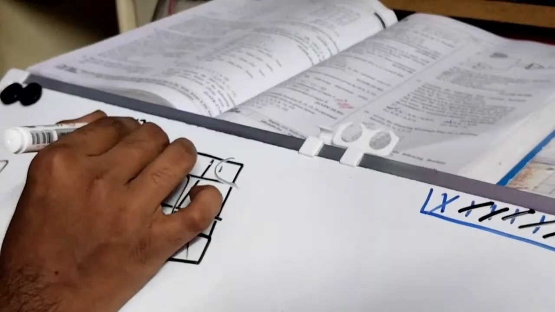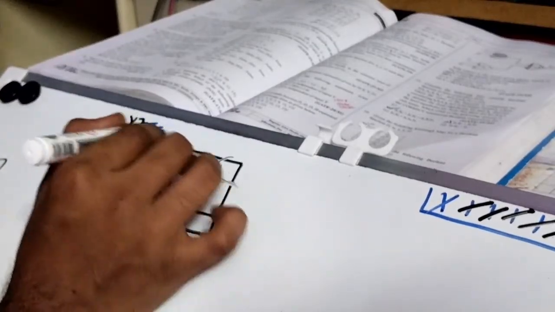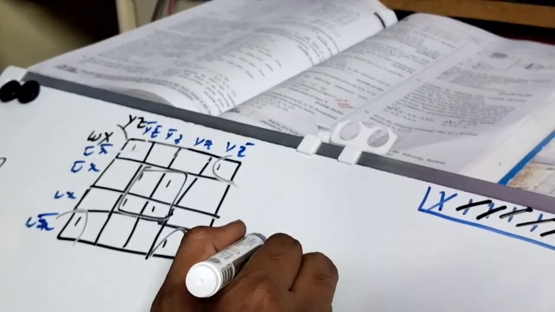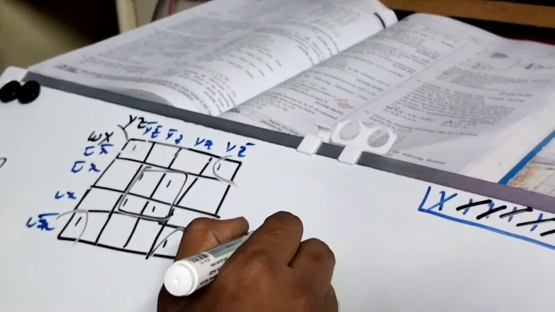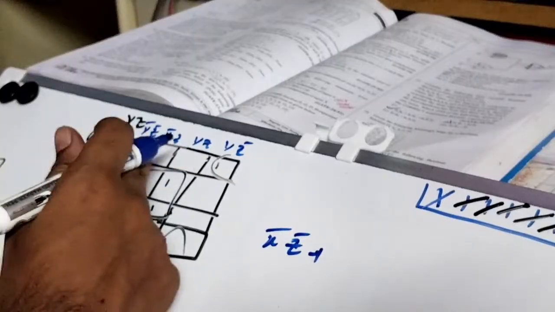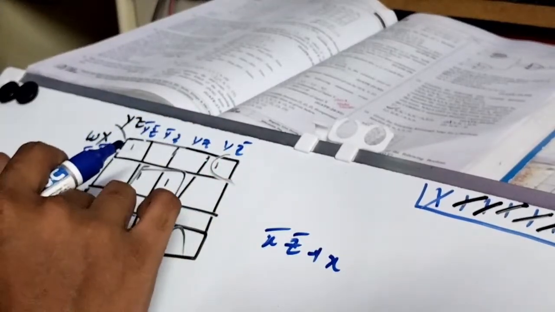Between Y bar Z bar and YZ we get Z, and then X bar is done. These two are done. Z bar is full.